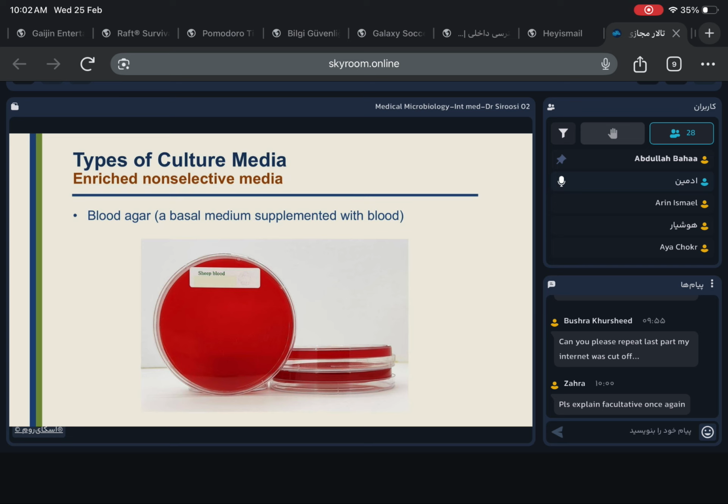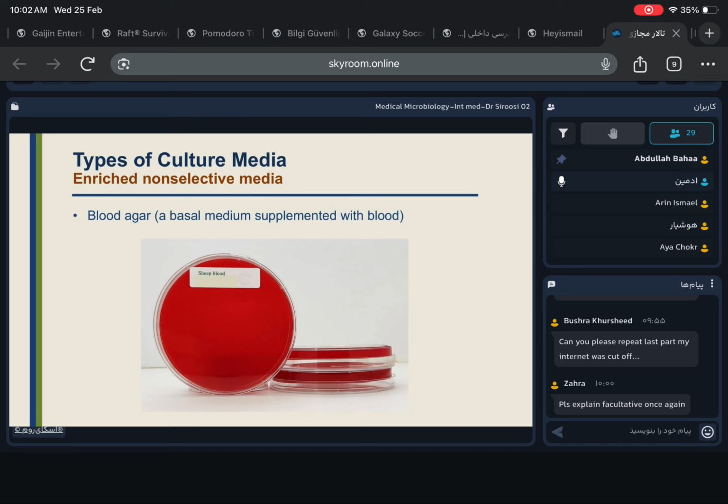There are no inhibitors inside this type of culture medium which inhibit the growth of bacteria. There are enough nutrients to support the growth of most bacteria. That's why we call them enriched non-selective media. A good example is blood agar.